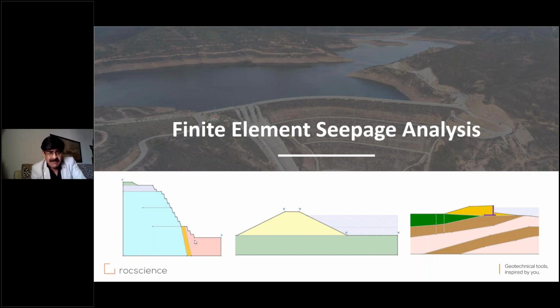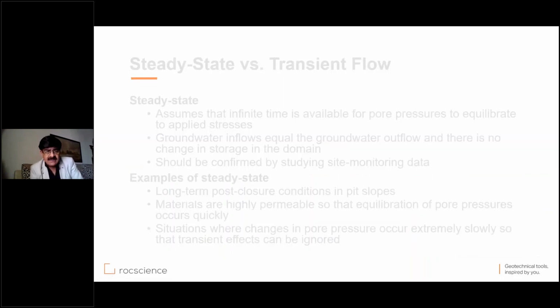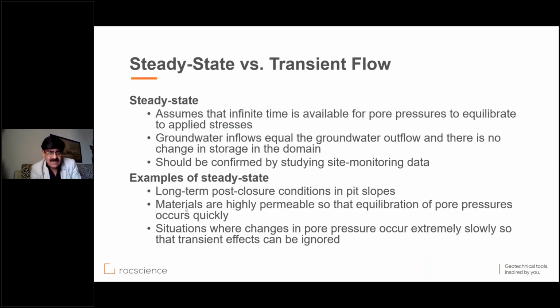Before we look at the examples, let's understand the difference between steady state and transient flow. Steady state flow assumes that there's infinite time available for pore pressure to equilibrate to the applied stresses.